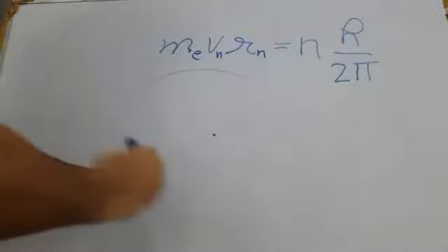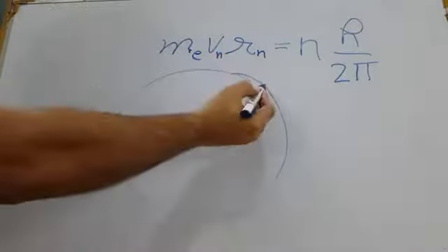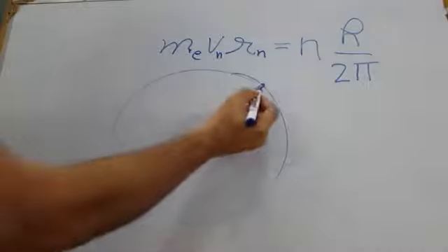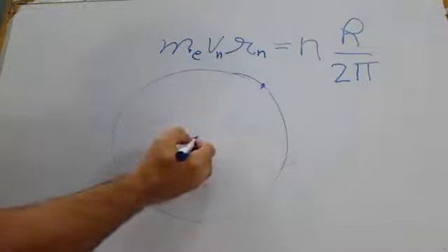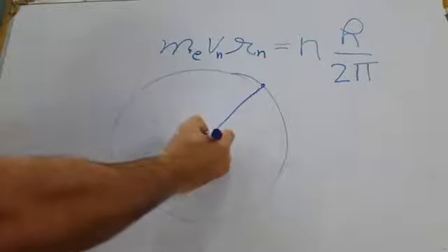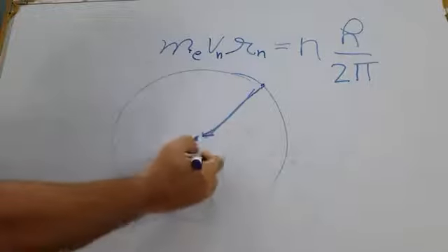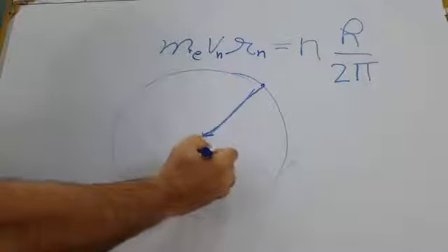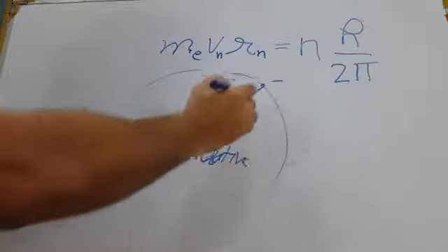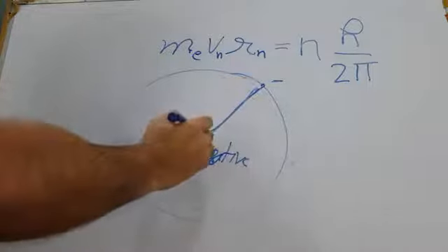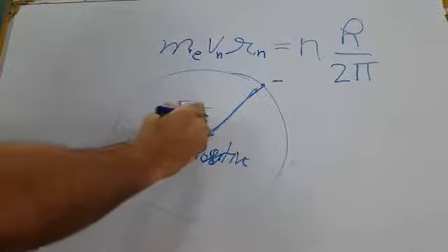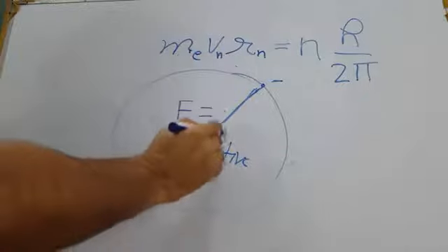We know that the electron would go round in an orbit where the Coulombic attraction between the positively charged nucleus, this is positively charged, this is negatively charged, the Coulombic force of attraction, must be equal to the centrifugal force.